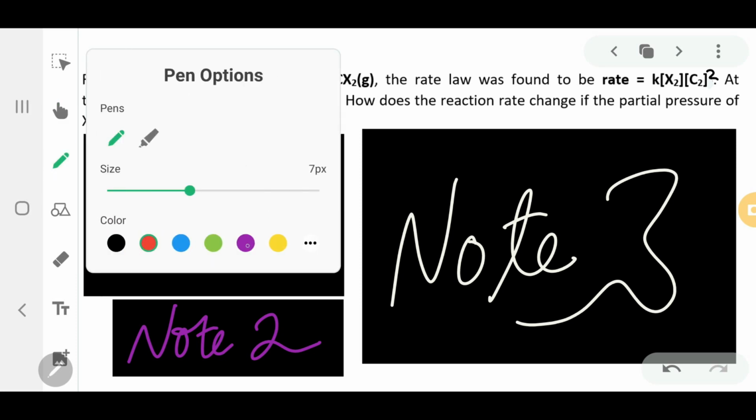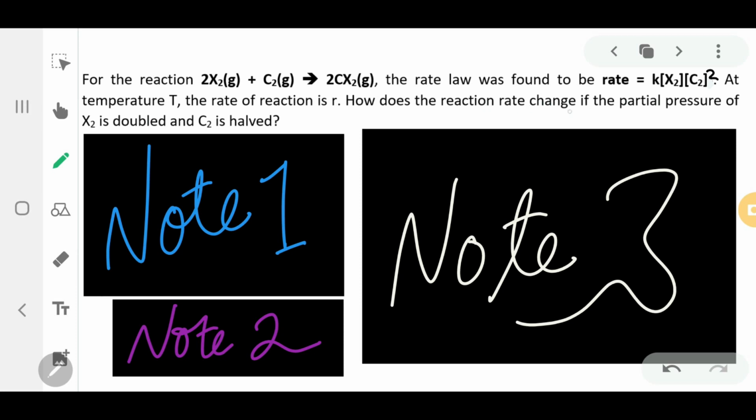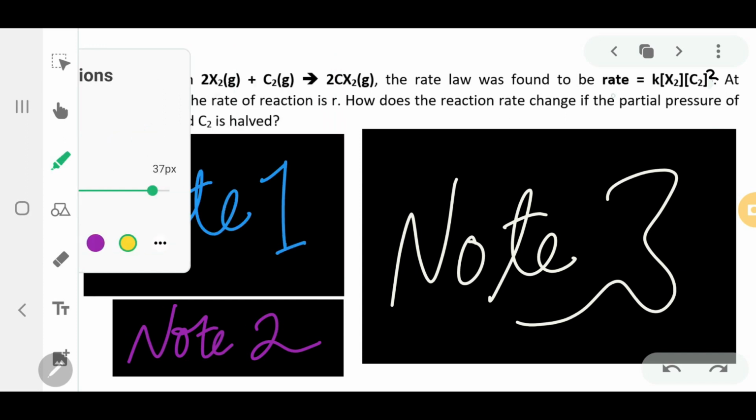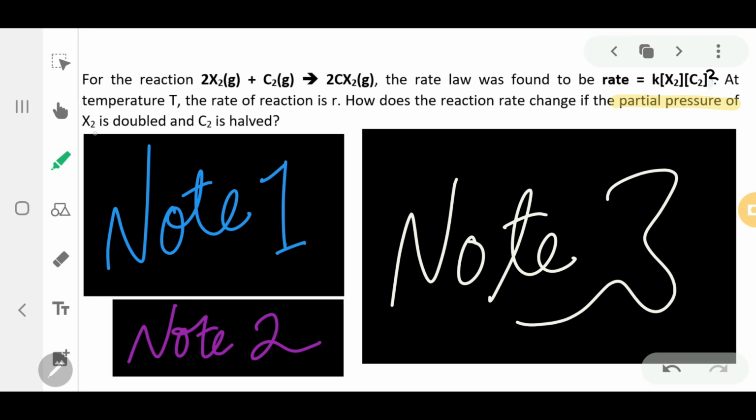So that is the important bit. This is what the question wants. The partial pressure of X2 is doubled and the partial pressure of C2 is going to be halved, okay?